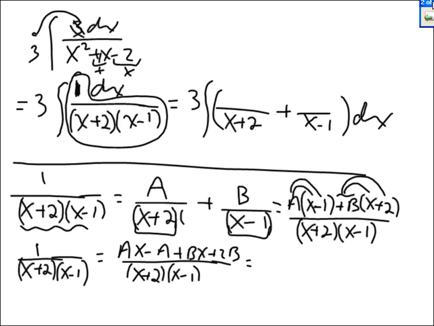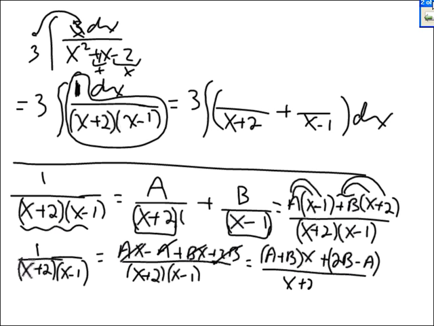Combine like terms. You have a plus b x. I have ax and I'm adding bx. I have plus 2b and I'm adding minus a. I have 2b minus a, all over x plus 2 times x minus 1.